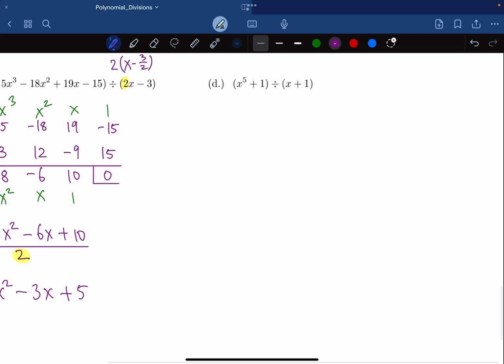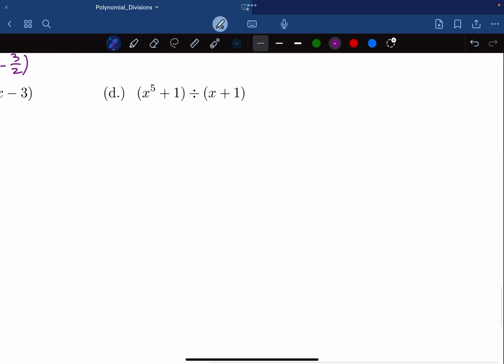Okay, last example: synthetic division with polynomials that are not in the correct descending order of power. So here we've got x to the 5th. You probably already guessed what's happening here. I'm going to leverage the placeholders.